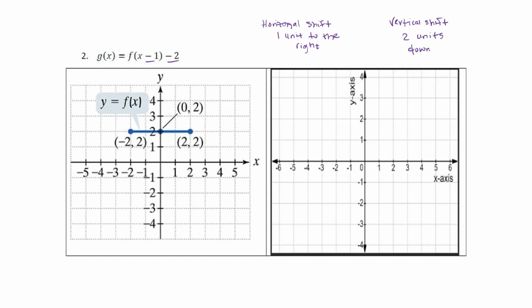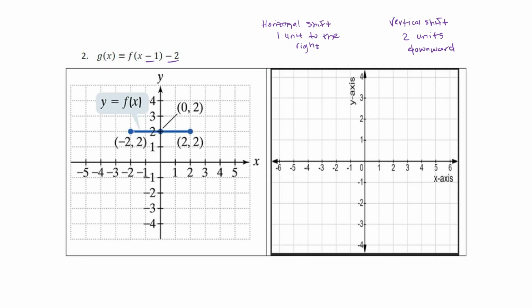So when we take our points, we're first going to apply the horizontal shift, and then we'll apply the vertical shift. Okay, so we'll take the point negative 2, 2. For this point, we have a horizontal shift 1 unit to the right.